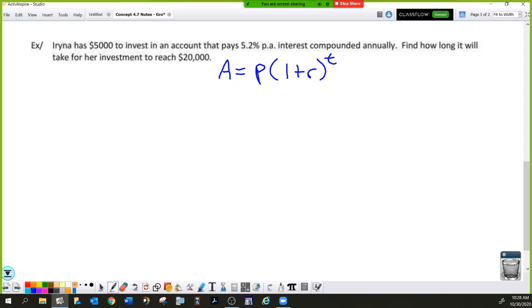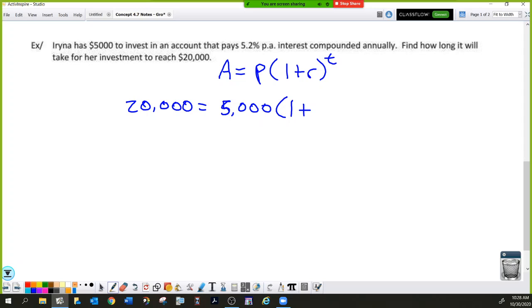It says, how long will it take for her investment to reach $20,000? All right. Well, we just have to fill things out. We know it's going to be $20,000 on the left side equals our initial investment of $5,000. In here, I'm going to do 1 plus, and I am not going to do 5.2. That's not going to work that way.